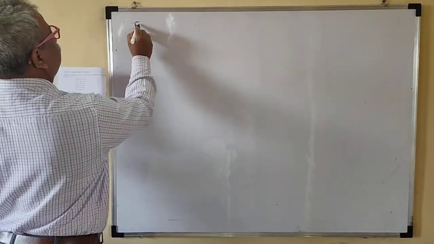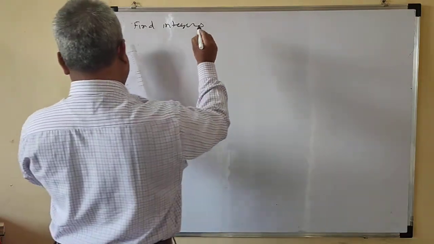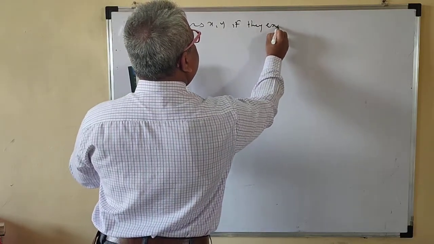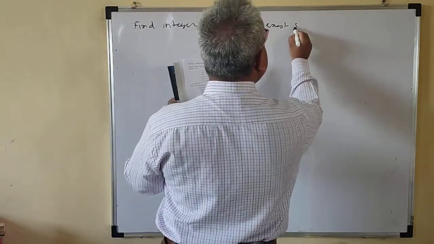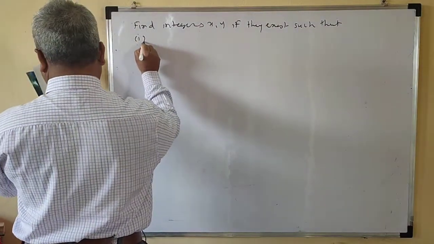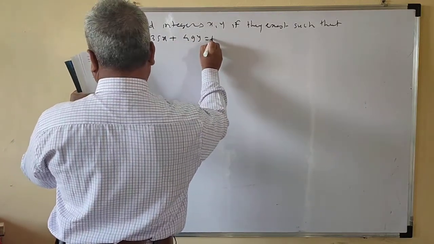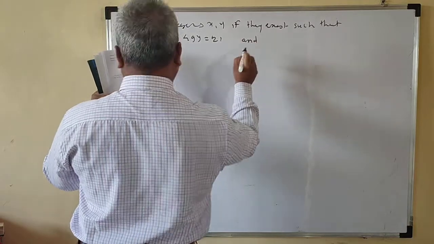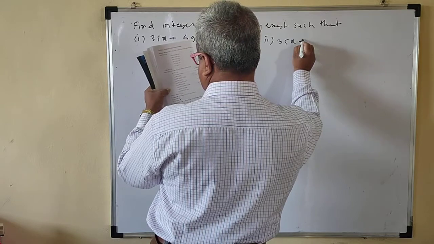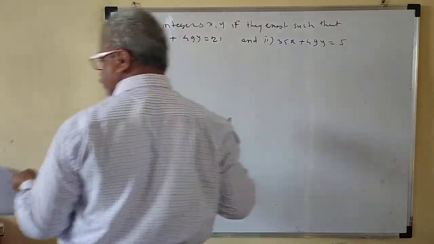Find integers x, y if they exist such that 1: 35x plus 49y is equal to 21, and second: 35x plus 49y is equal to 5.